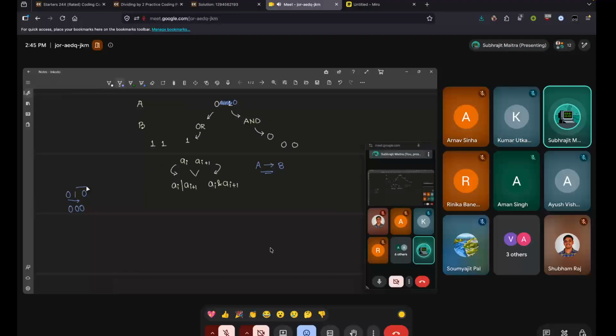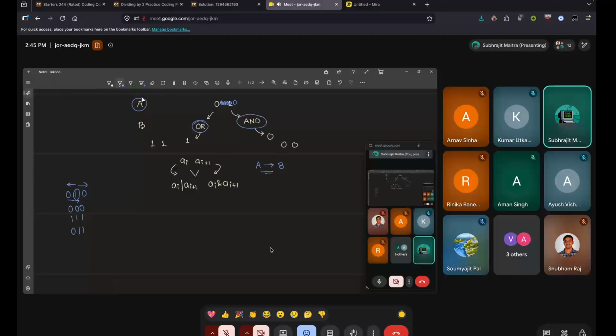I can stretch this 1 on the left or right, whichever is possible, and make the entire thing 1 1 1, or make it 0, 1, 1. Because whenever I want a 1, I have the option of OR and can stretch it on both sides. And if I want to make 0, then I have the option of AND and can stretch it on both sides. That means, without seeing the entire form of A or B, I will see the compressed form of A and B.